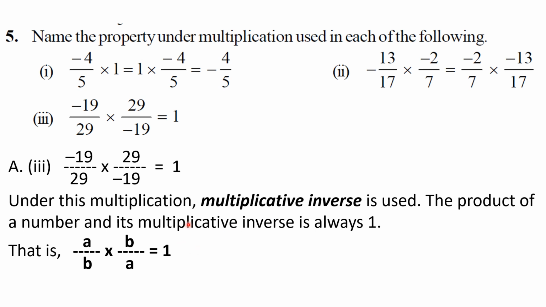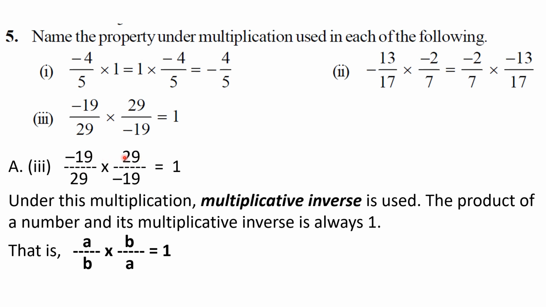Now part 3: minus 19 upon 29 into 29 upon minus 19. I think it should remind you of question number 3 or 4, which we just did in finding the multiplicative inverses. Minus 19 is here at the numerator, and here minus 19 is at the denominator. 29 here is denominator and 29 here is numerator.